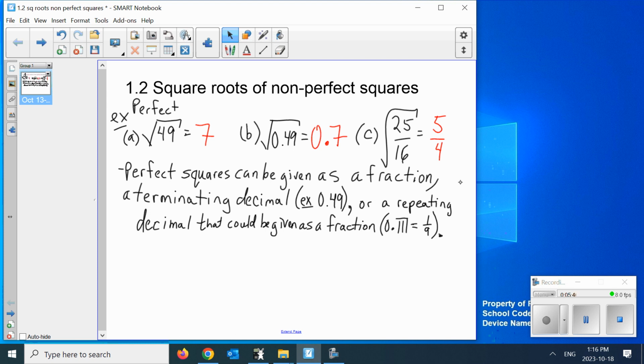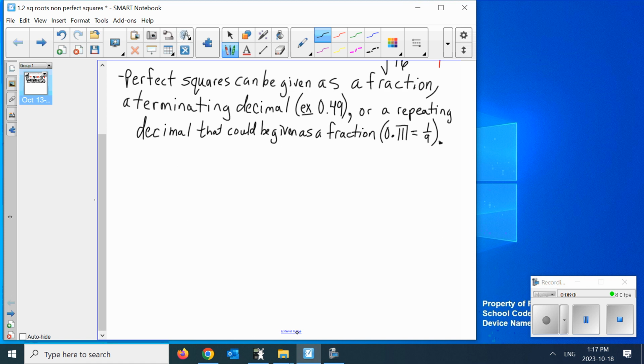But now, non-perfect squares. When I see a perfect square, I think there it is. So, I see 25 and I'm like, I know this perfect square.